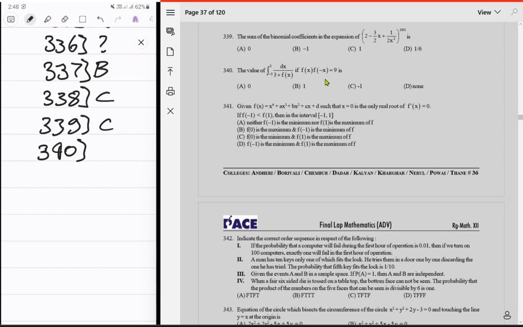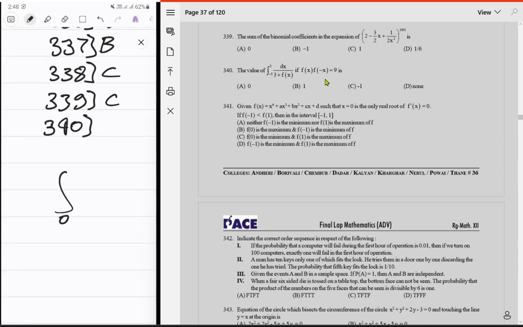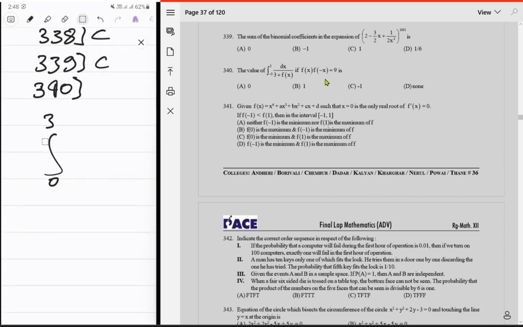If I change this, then what? It's still going to remain the same. Okay, no big deal. There would be a lot of functions that satisfy this, because like all exponential functions which have 3 as f of 0, that works out, right? Okay, so we have to do something else. Split this into two parts, integration from 0 to 3, or just put the negative of that. That also works. So yeah, probably that's going to work.